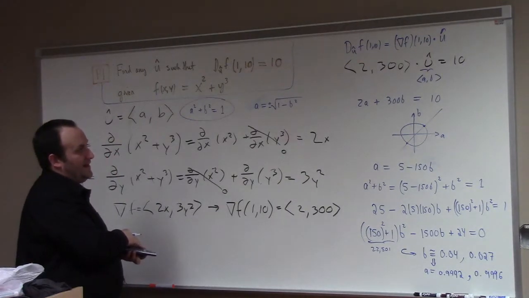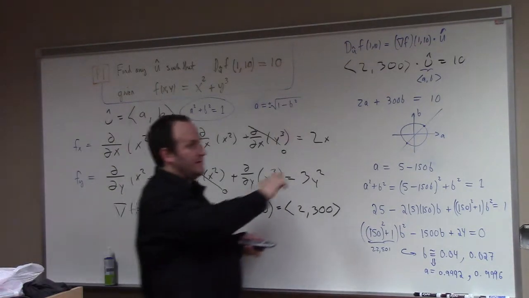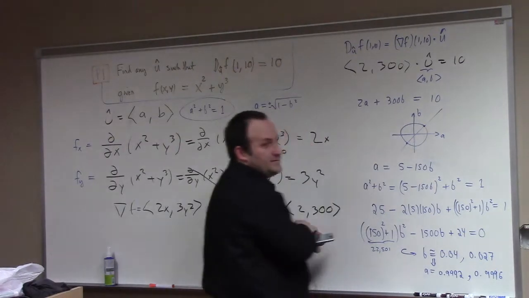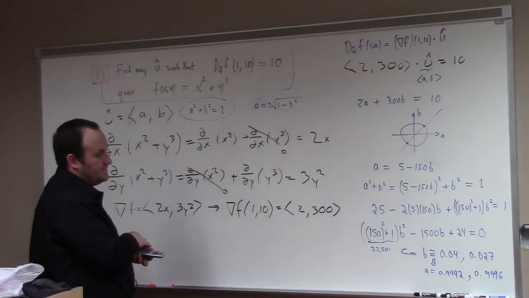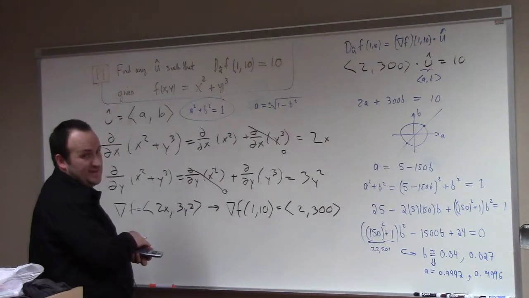However, when you go back to this equation here, I think I need them both to be plus. Is that right? I think I need both A and B to be plus to get a 10 there.